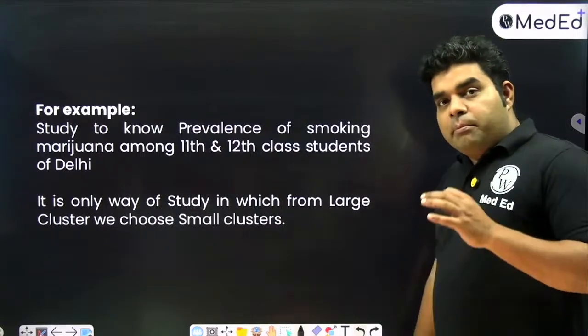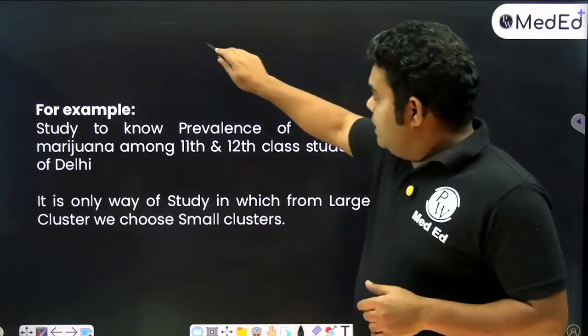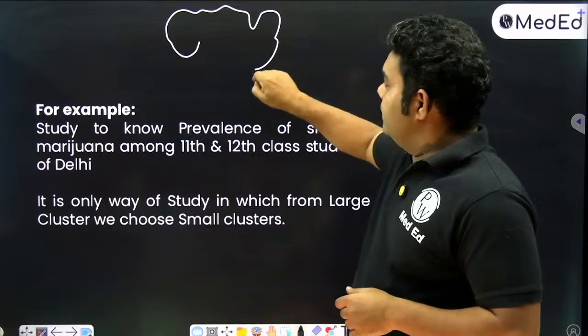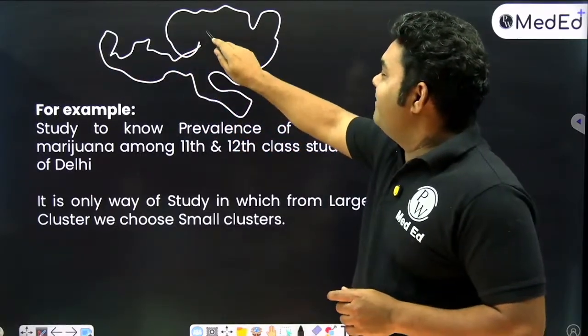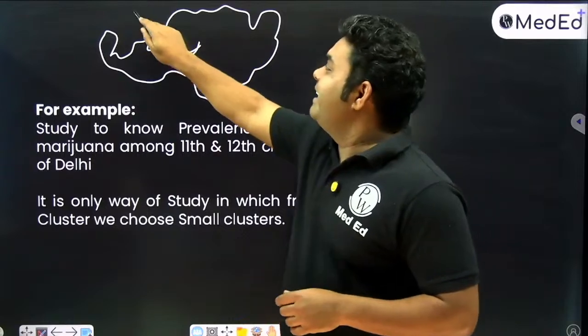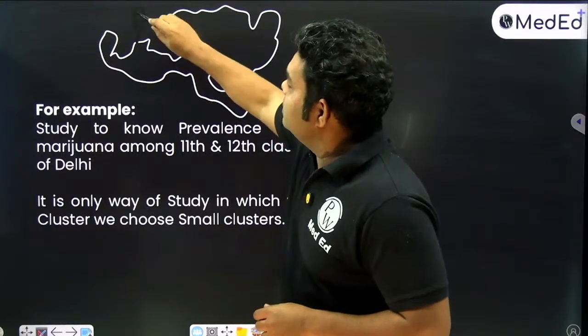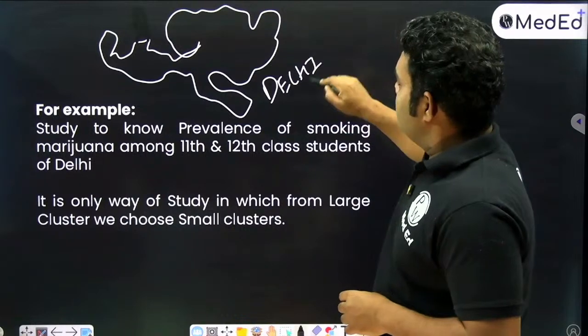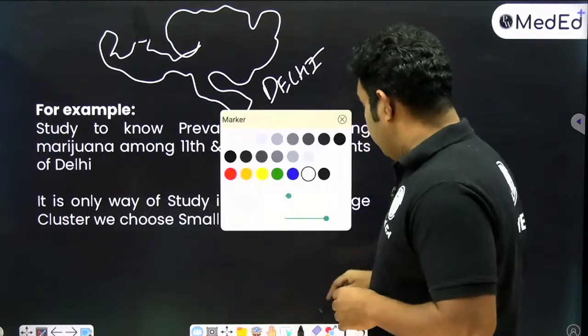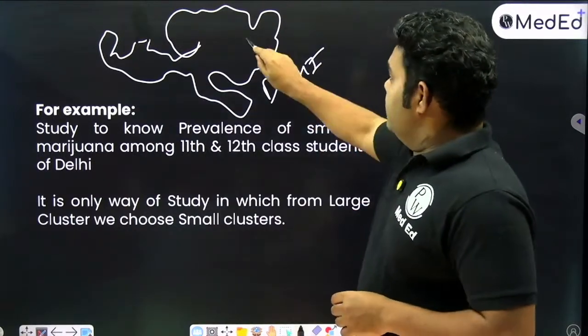So in multi-stage, what we do is, first you take a map of Delhi and you draw any amoeba-like thing, it will become Delhi, because Delhi is going in every state. So this is the Delhi map, suppose. And from Delhi, you can choose any 3 areas.